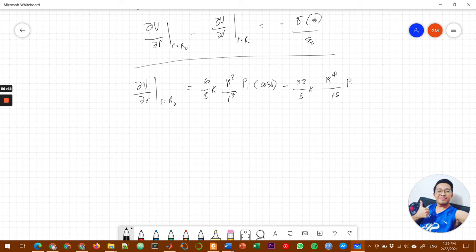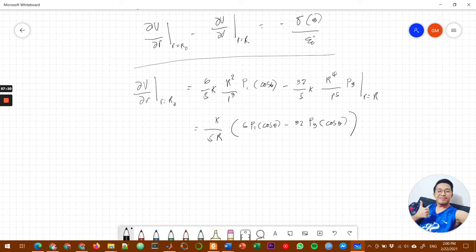Then evaluate that: small r becomes big R. You can check it later. We have k over 5R. After simplifying, we have 6 P1 of cosine theta minus 32 P3 of cosine theta.